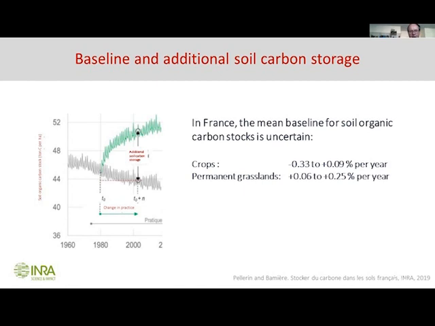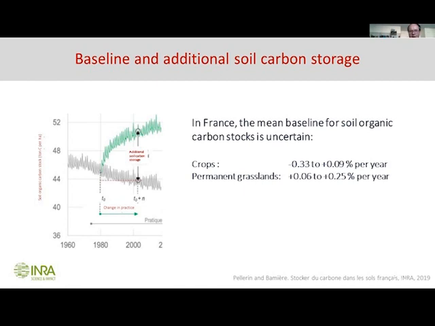So we would like to underline this because, for instance, we know that baselines may be quite different from zero. They may be negative in terms of relative change in the soil carbon stock, or they may be positive. And in many countries, we do not know exactly what is the mean baseline.